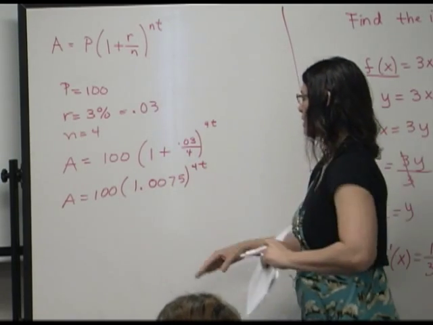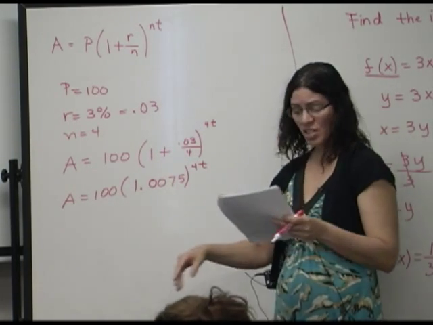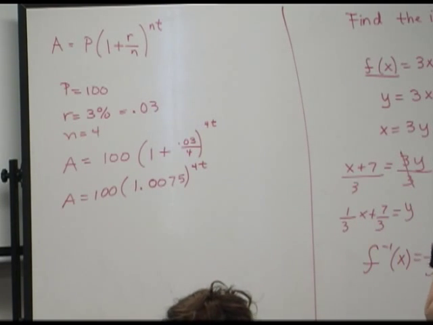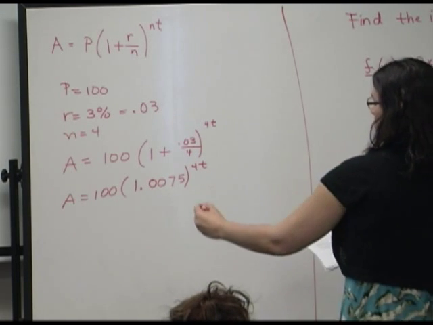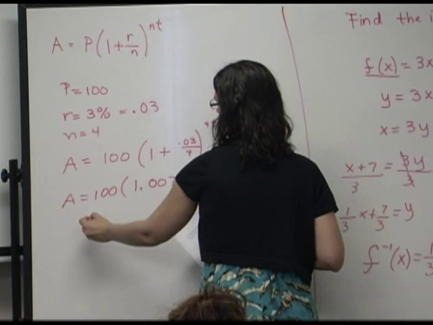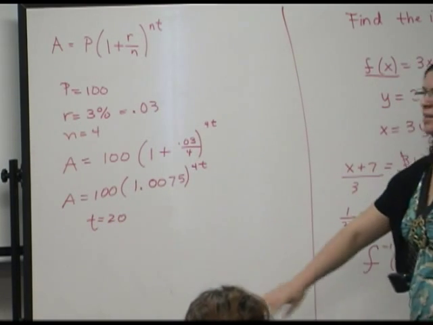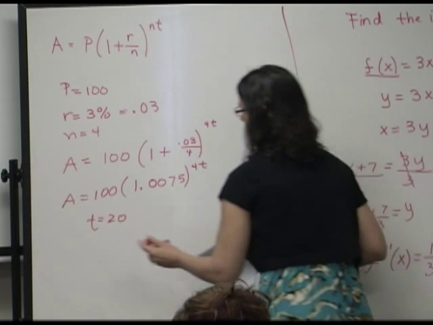There you go. That's after t years. But then the problem also asks you a second question. Use the model to find the amount of money in the account after 20 years. So what are they telling you? They're telling you that t equals 20. Substitute 20 there and solve.